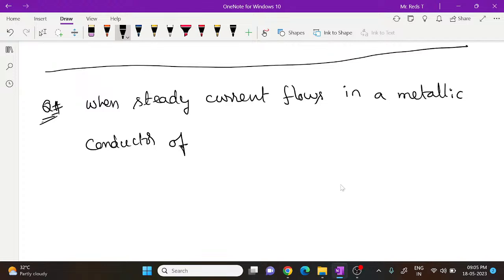Uniform area means the area of this conductor will be constant throughout, but it is having non-uniform area. Which of the following quantities is constant?